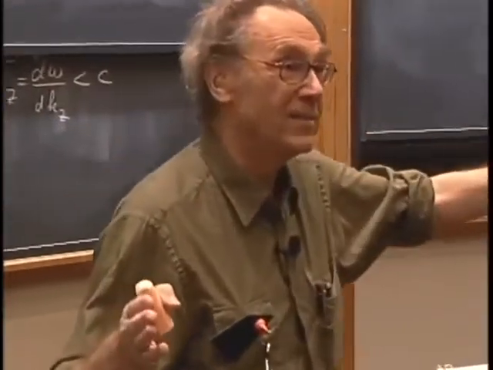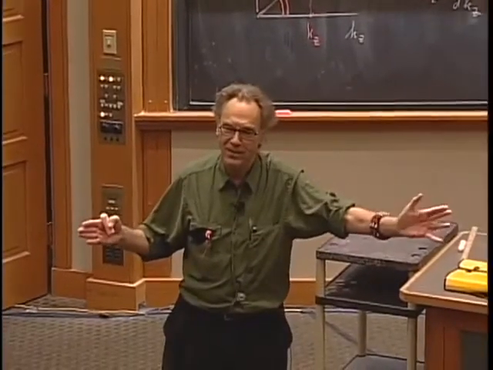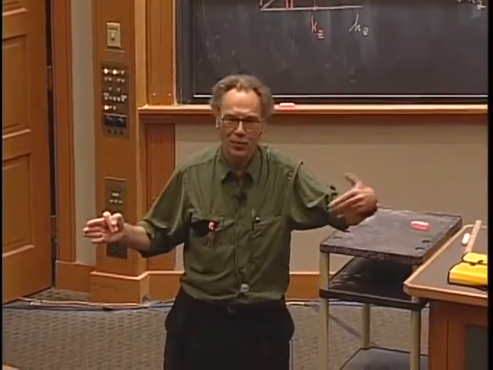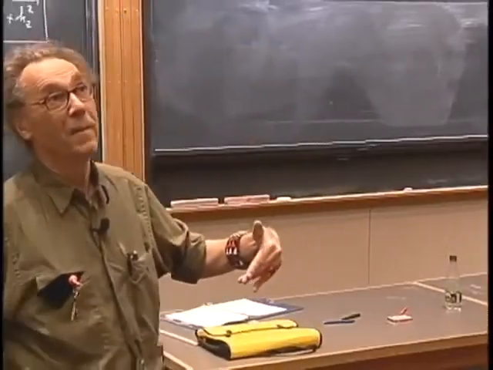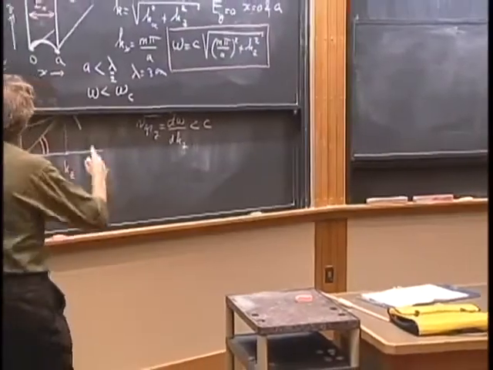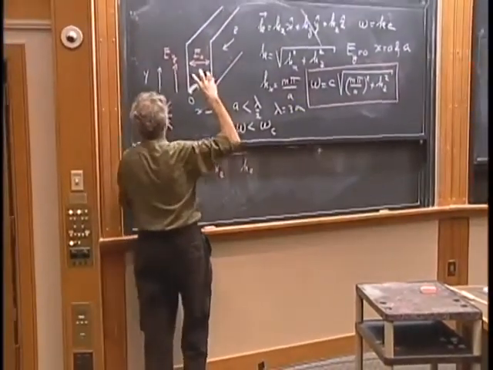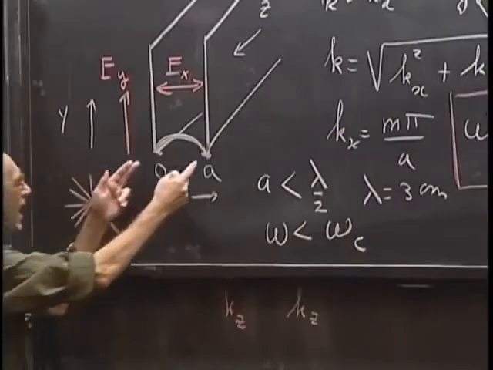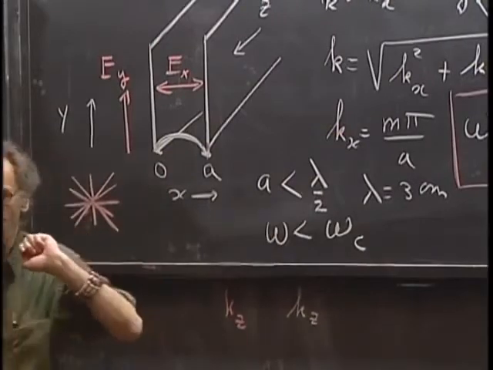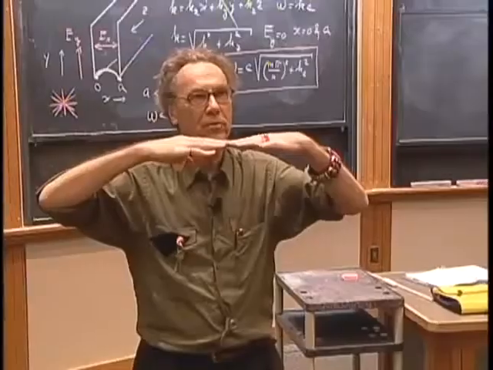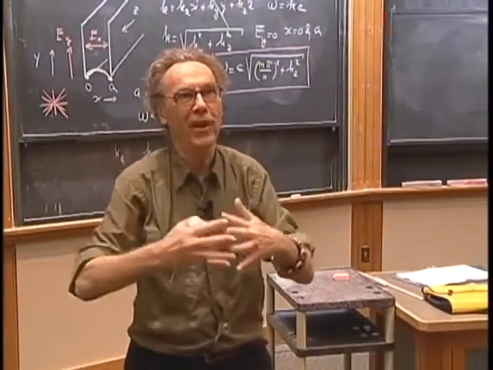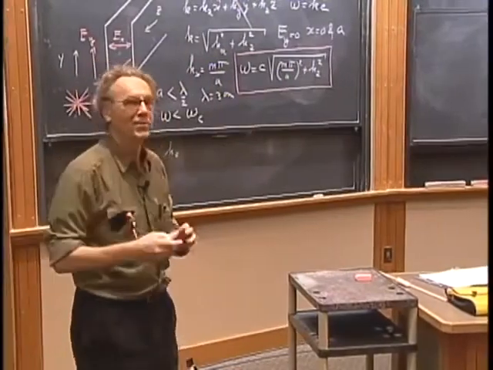Speed of light. That means you have created linearly polarized light out of unpolarized radiation. I wouldn't say light in this case, it's radar. So if you could manage to get unpolarized radar going into this direction, and you make A smaller than lambda over 2, all components in this direction are killed, only this component can go through. And so you have created at the other end linearly polarized radiation.